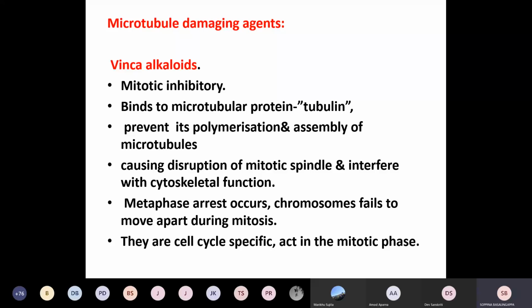The final result is metaphase arrest. Cells will not be pulled to the terminal ends to form two nuclei, two cells. So chromosomes fail to move apart during mitosis. Therefore, they are cell cycle specific because they act at the mitotic phase.